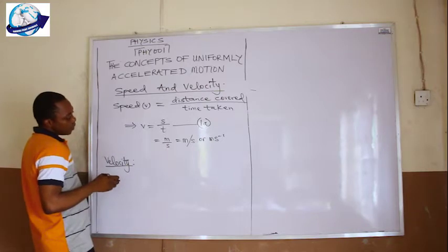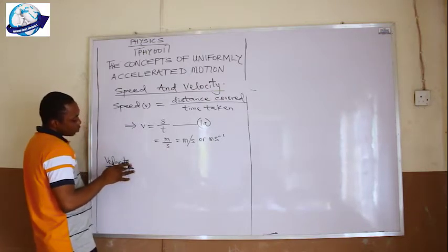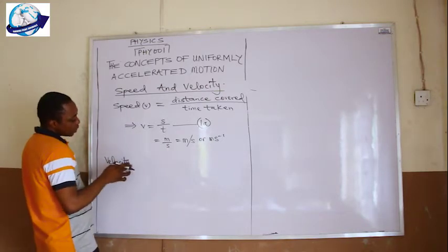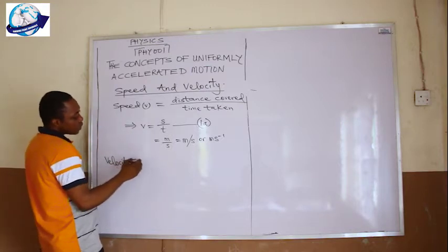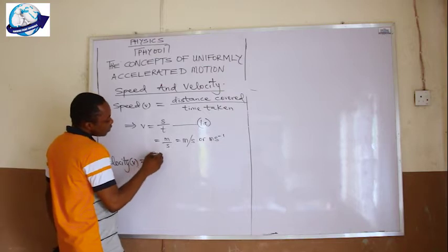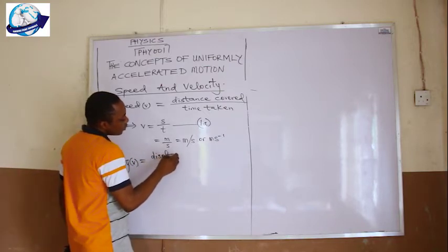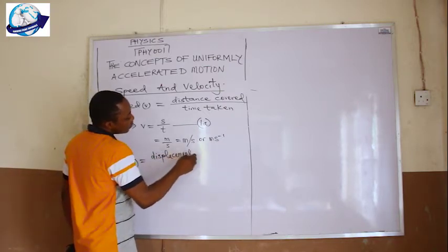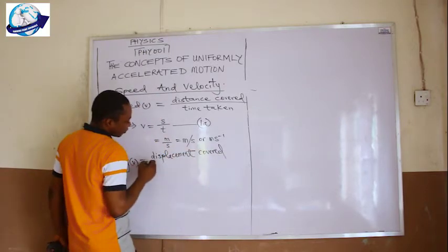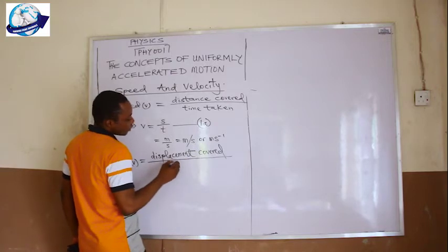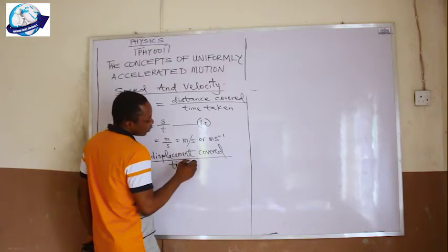For velocity, we want to write it mathematically. We use V to denote velocity, and mathematically it means displacement covered over time taken.